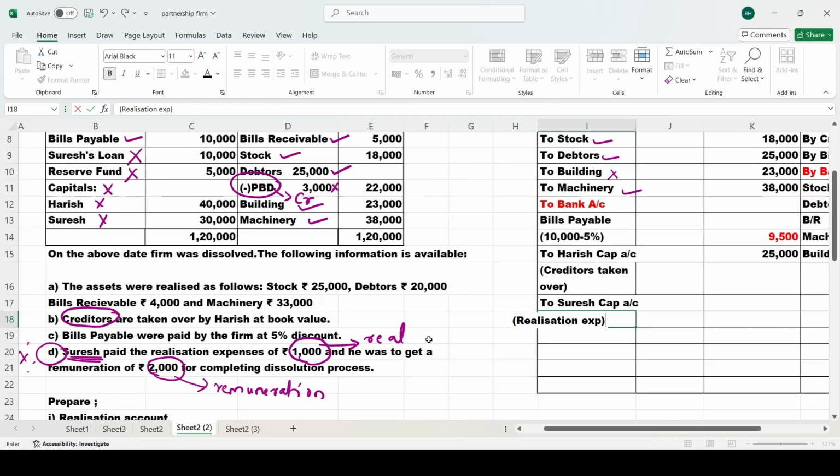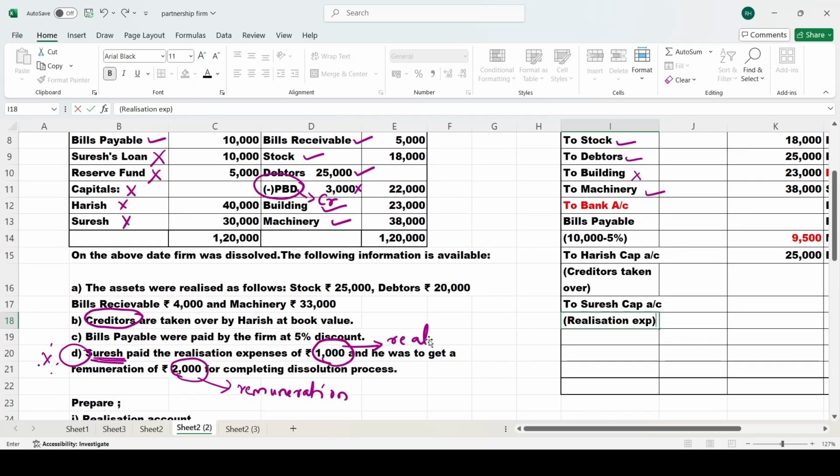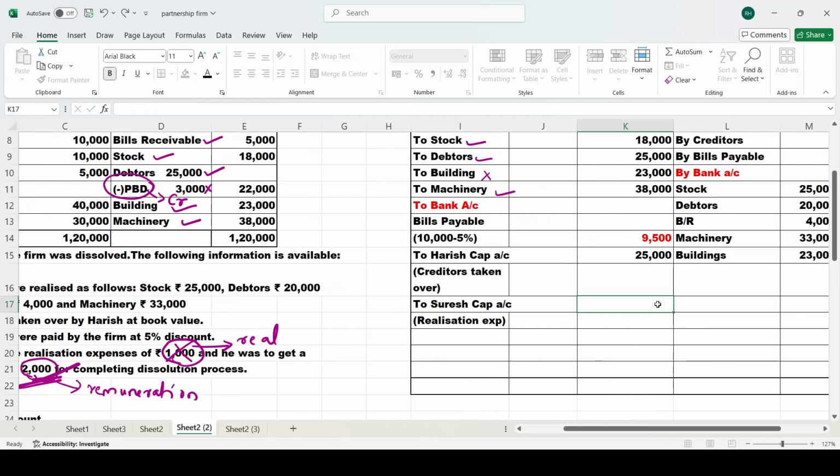But one thing, please keep it in your mind, everyone: what is the actual realization expenses? That should not be recorded. What is the remuneration you are giving? That should be taken into consideration. Keep it in your mind. How much remuneration you are paying? 2,000. So 2,000 you have to record it here. 2,000. Got it, everyone? Any doubt?